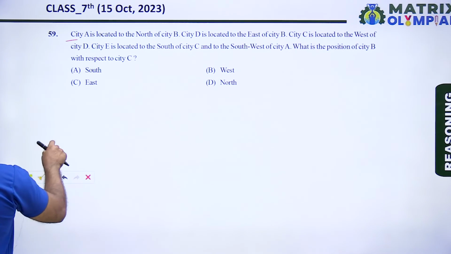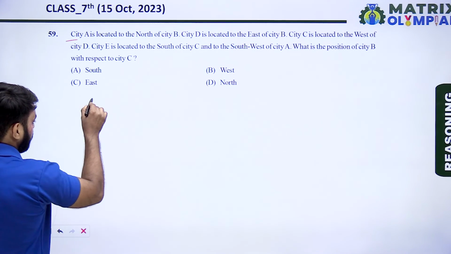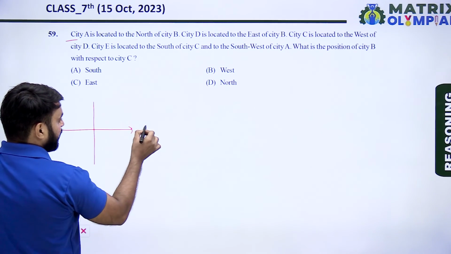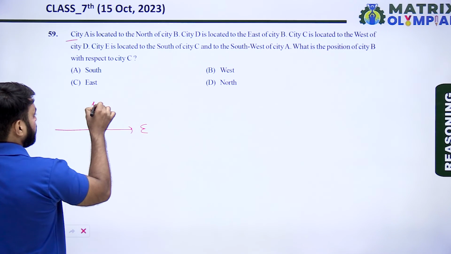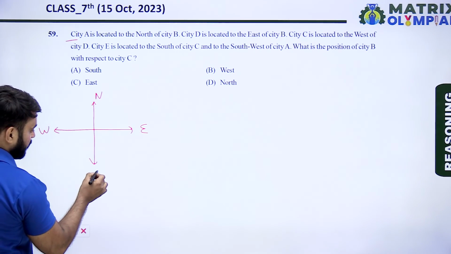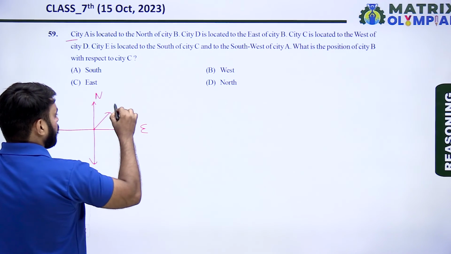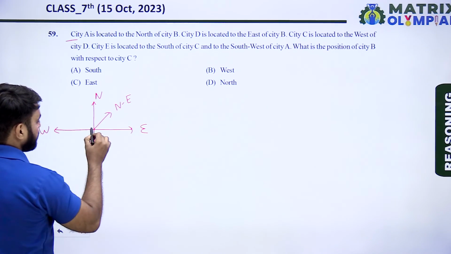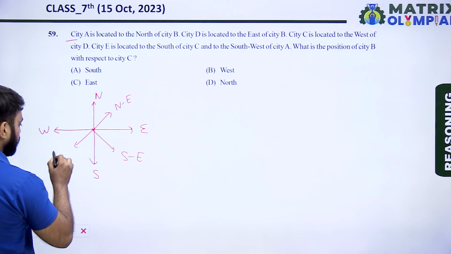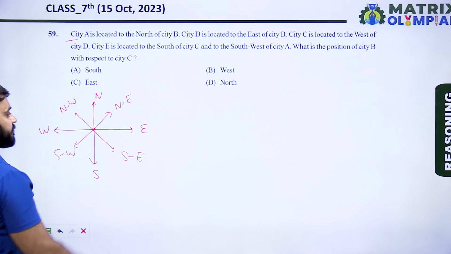Before starting this question, we should know that there are 4 main directions. First is east, this is north, west, and this is south. And there are 4 cardinal directions: one is northeast, this is southeast, southwest, and this is northwest.